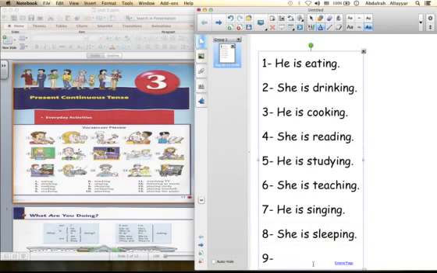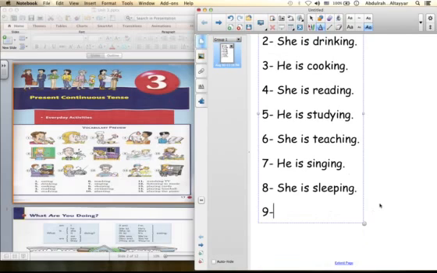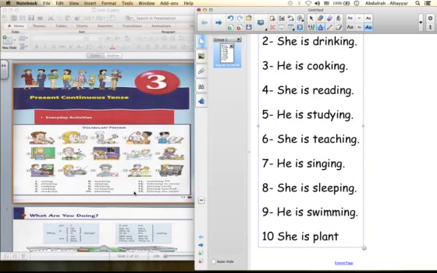Number nine, he is swimming. Number 10, she is, what do we have here? Planting.